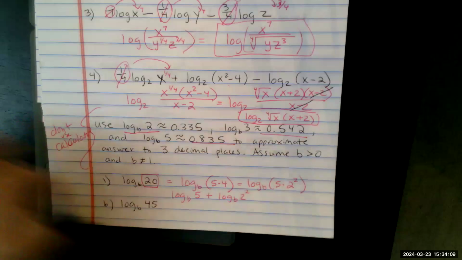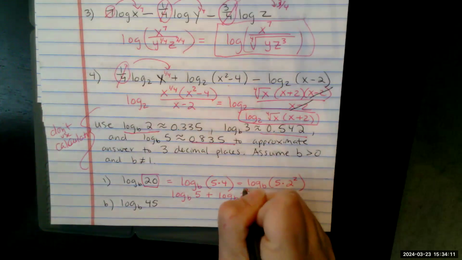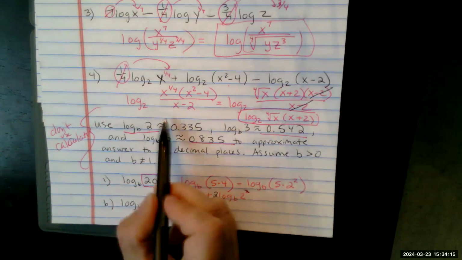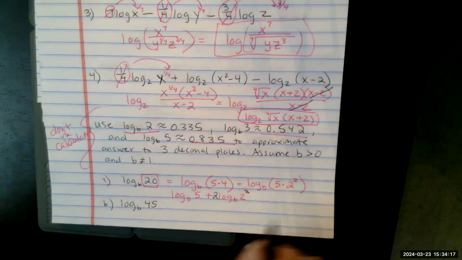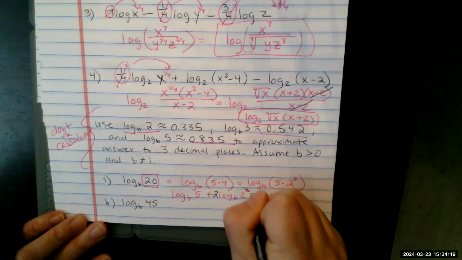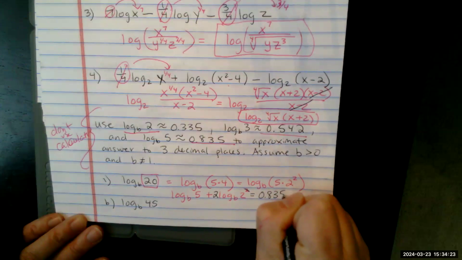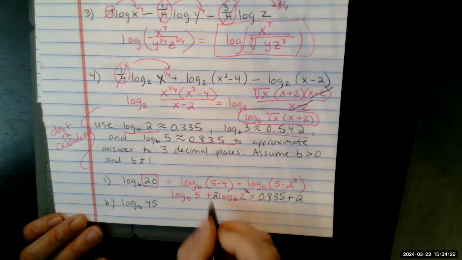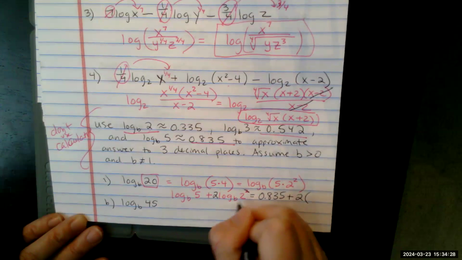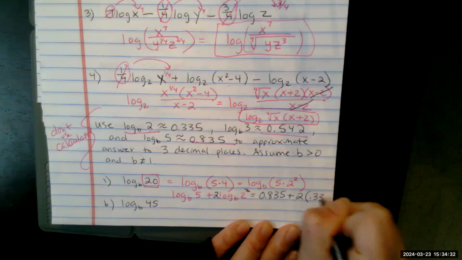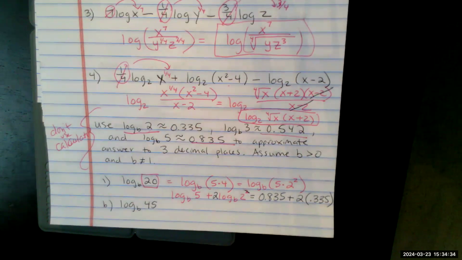Remember, I can bring that 2 out front. And now I have things that they have given me up here. So apparently, according to them, log base b of 5 is about 0.835 plus 2 times log b of 2, which is 0.335. And I can do this.